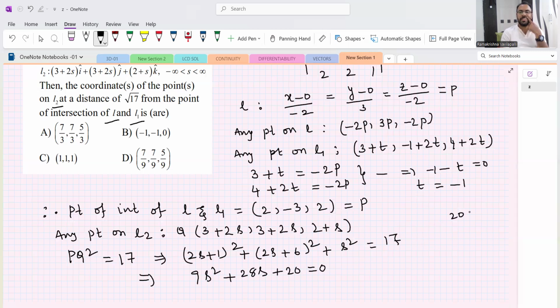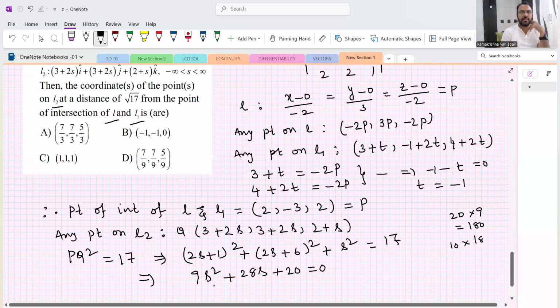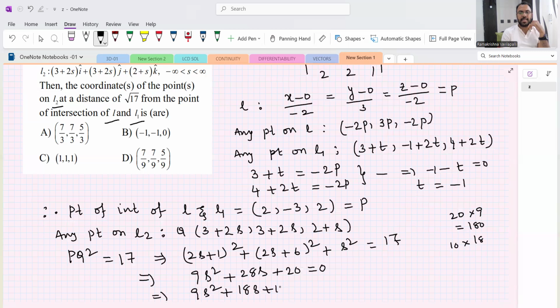So 20 into 9 is nothing but 180, or I can write 10 into 18. This sum is right. This is correct. So we got that this is 9s square plus 18s plus 10s plus 20 equal to 0.